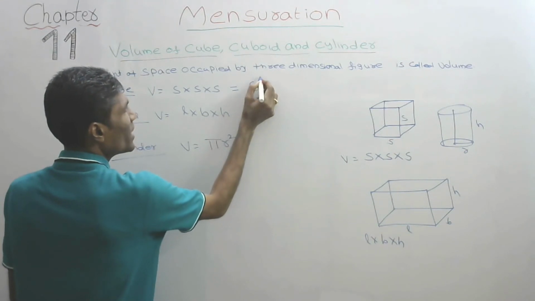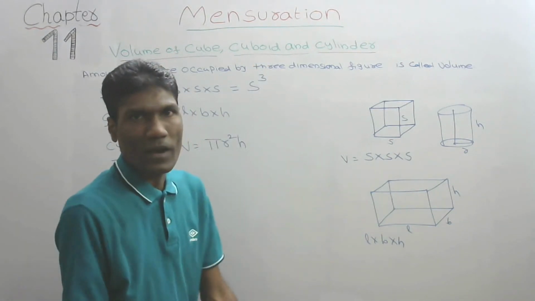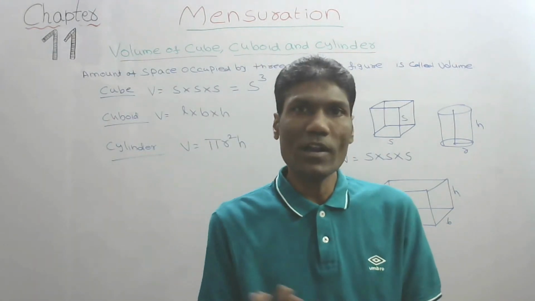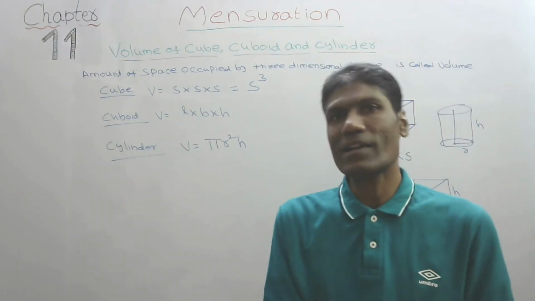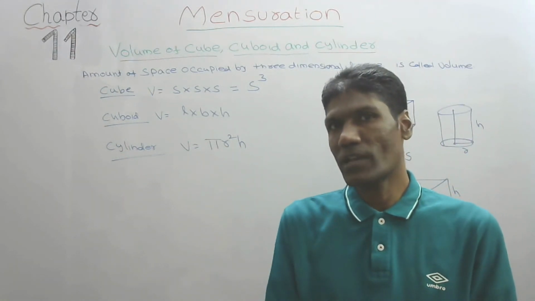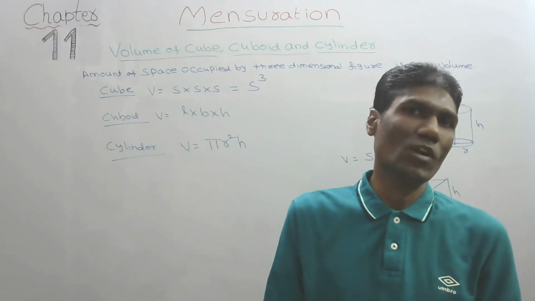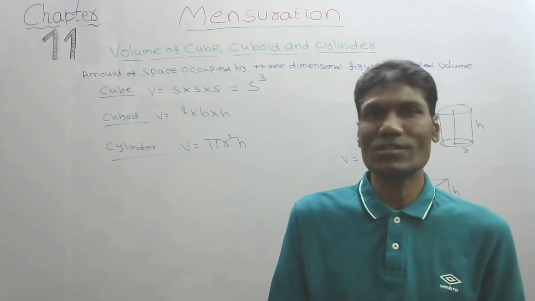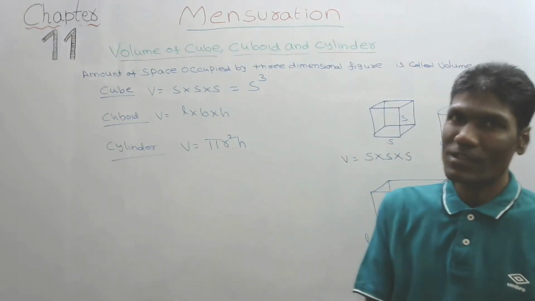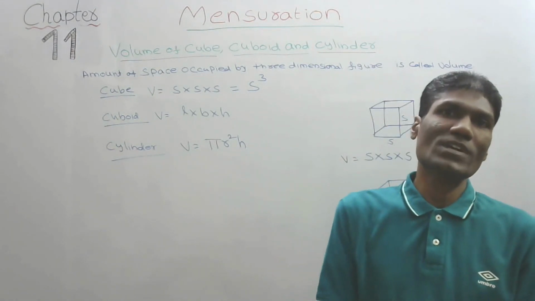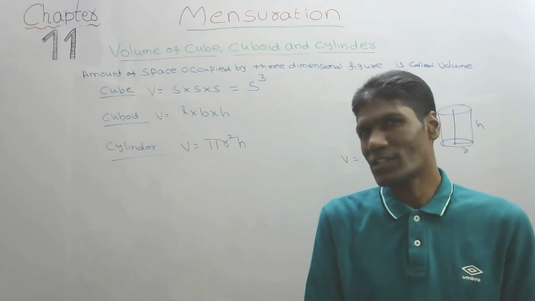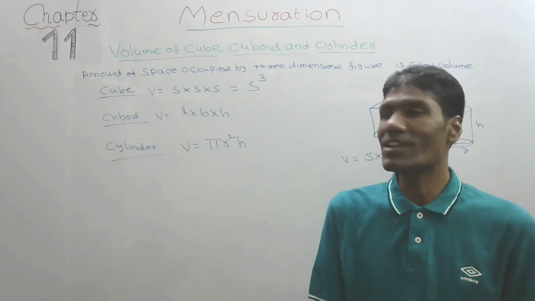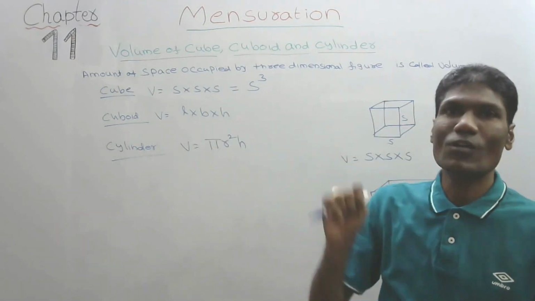Whereas for a cuboid, the base will be in a rectangular shape. So L into B into height. So the volume will be L into B into H. Simple. And for a cylinder, the base will be pi r square, that is a circle, multiplied by h, pi r square h. Like that, we can easily remember the formulas.